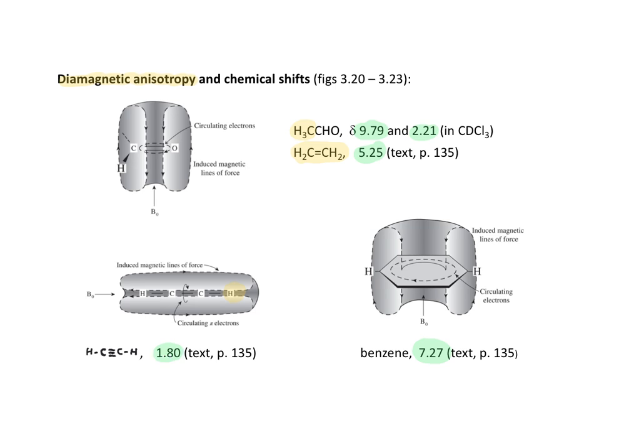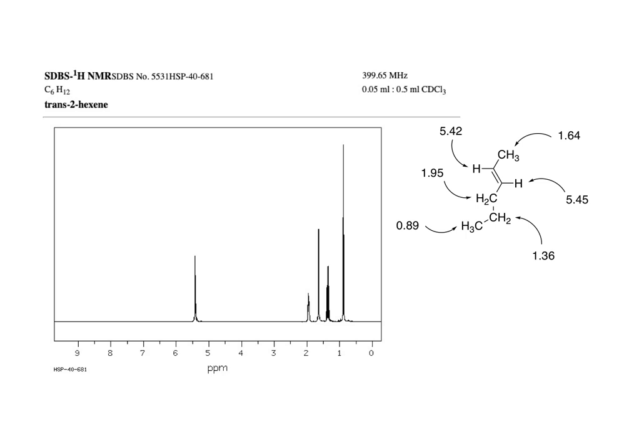deshielding effect of the electron cloud. The effect of anisotropy is exemplified in the proton NMR spectrum of a simple alkene, trans-2-hexene. The hydrogens directly bonded to the alkene carbons, even though they are not chemically equivalent, these peaks very nearly overlap.